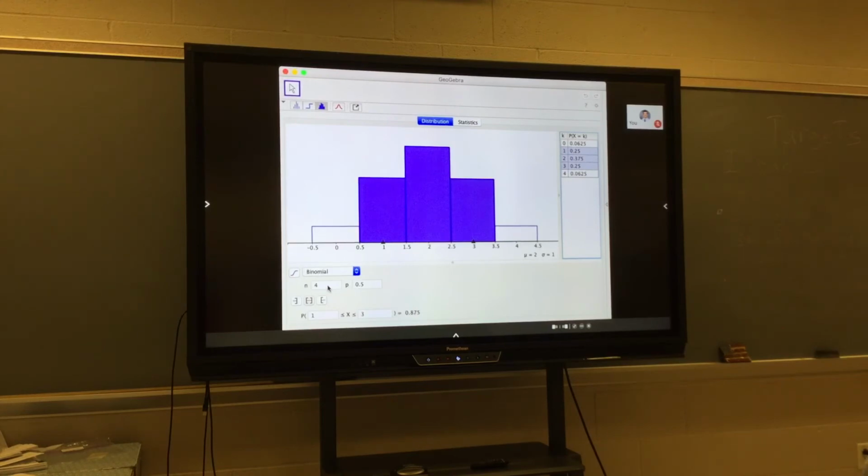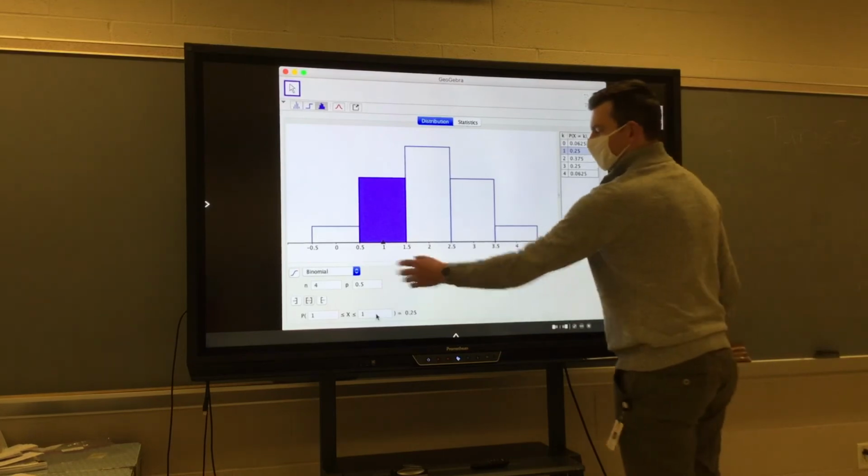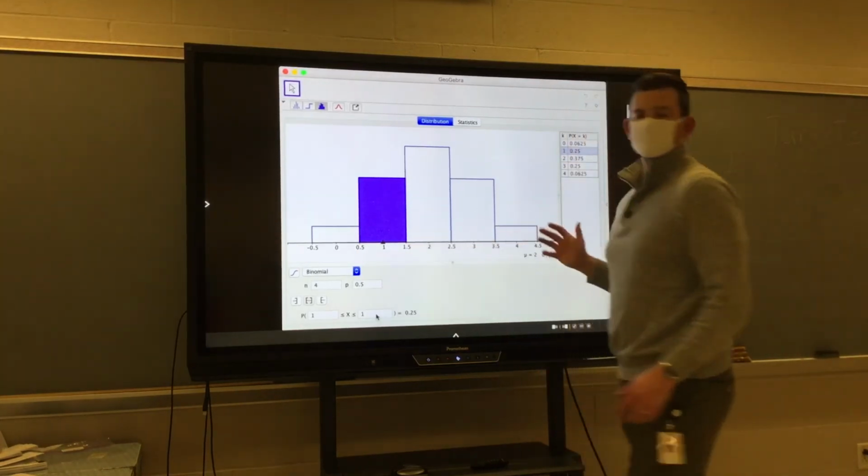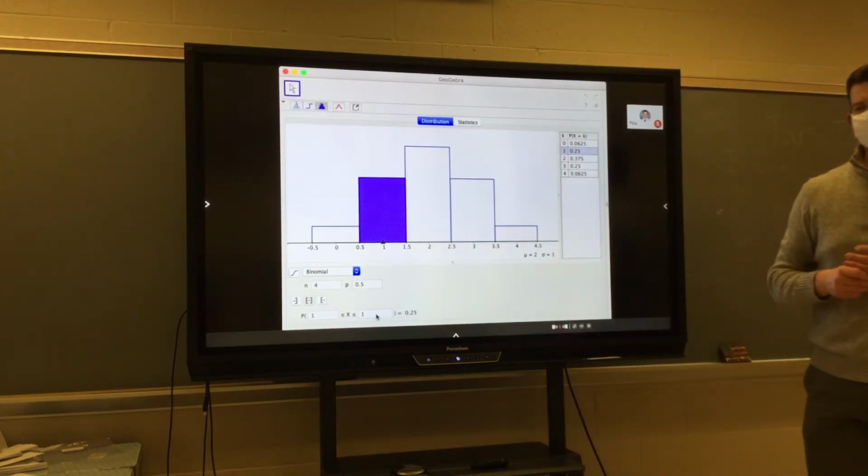We were interested in one of our 4 flips being heads. So I'm going to change both of these intervals down here to 1. And one's already there. And there we have it. The probability that one of our 4 flips would be heads is 0.25.